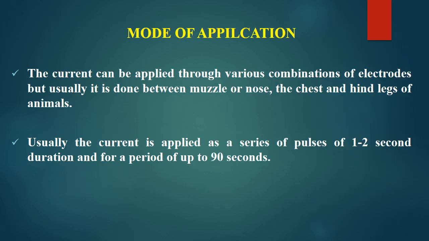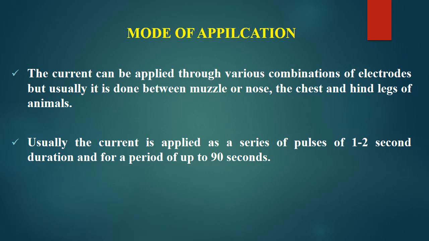Here we will see the mode of application of electrical stimulation. The current can be applied through various combinations of electrodes, but usually it is done between muzzle or nose, the chest and hind legs of animals.